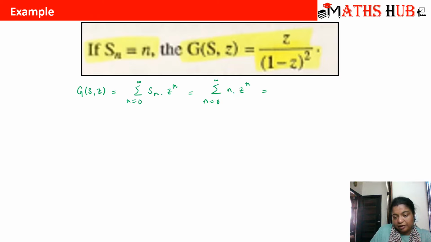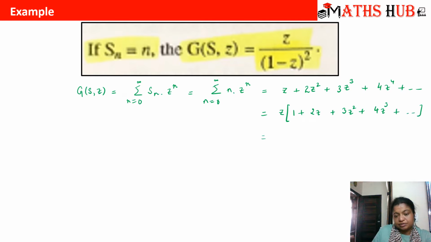When you put n equal to 1, the first term is z, then we have 2z square, then 3z cube, then 4z to the power 4, and so on. You can take out z common from all the terms, and we are left with 1 plus 2z plus 3z square plus 4z cube, and so on. So z is common, and this expansion using the binomial will become 1 minus z raised to power.